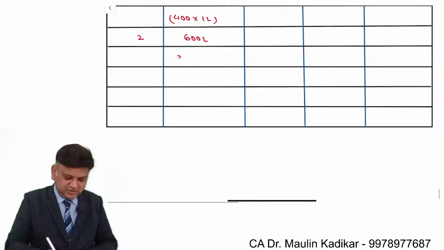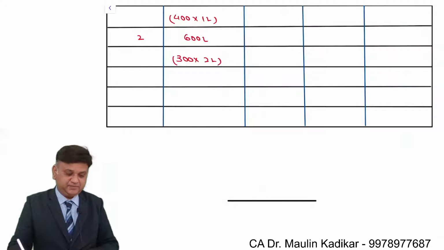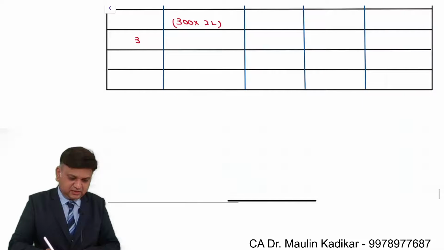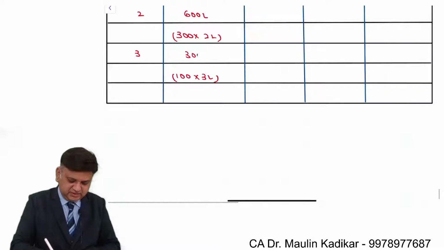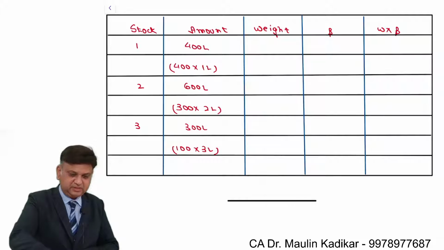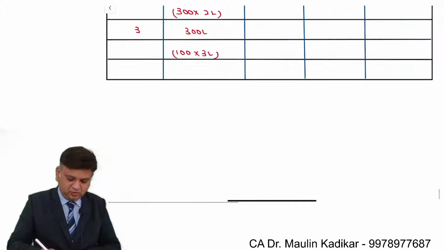So in that case it is 300 rupees per share into 2 lakh number of shares. Third one, in that it is 100 rupees per share into 3 lakhs, that is 300 lakhs. 400 plus 600 plus 300. Total value of the portfolio is 1300 lakhs.